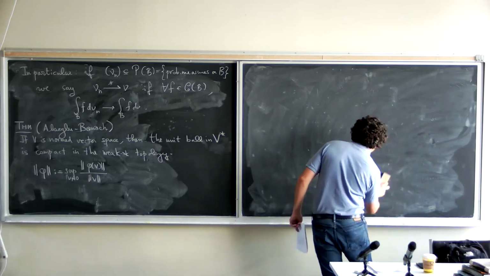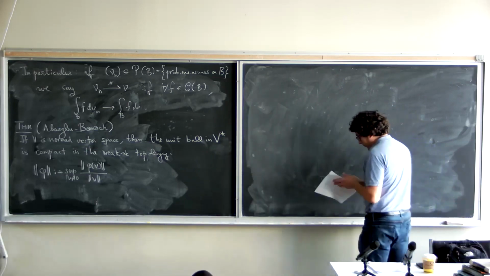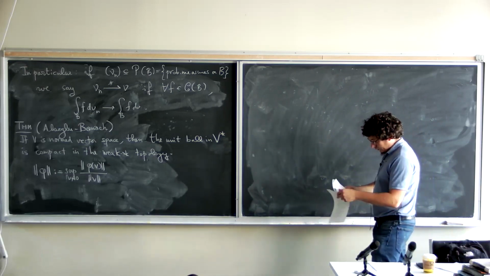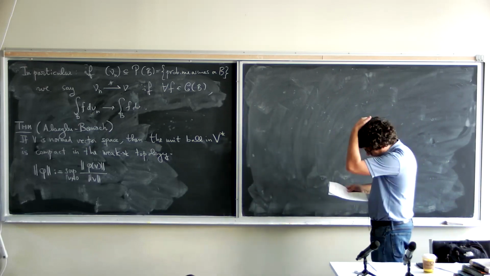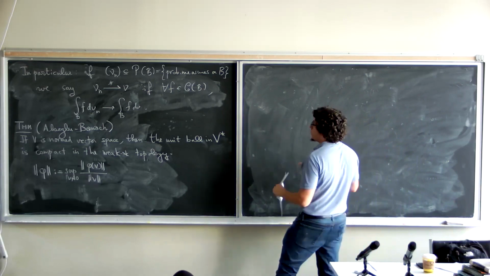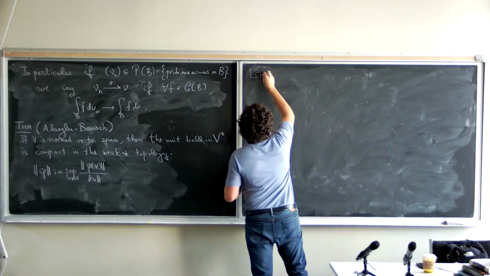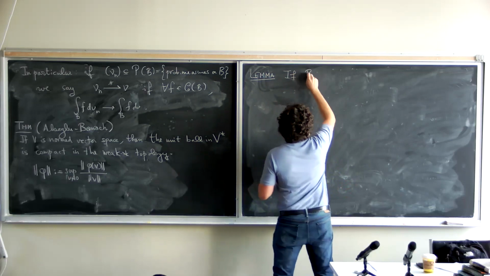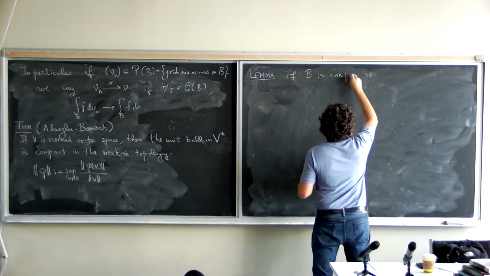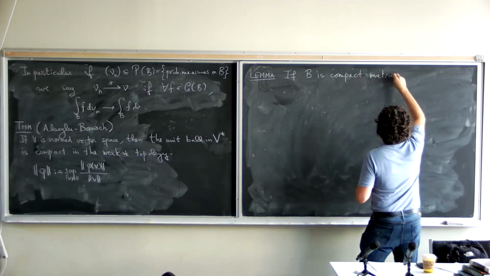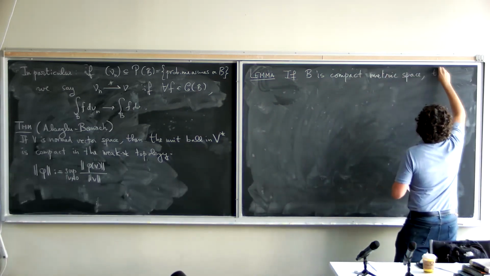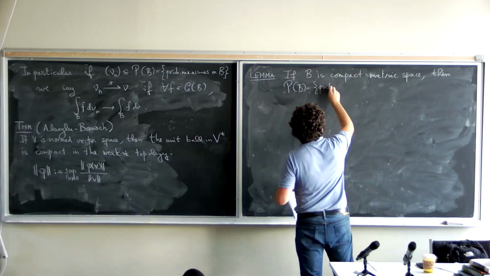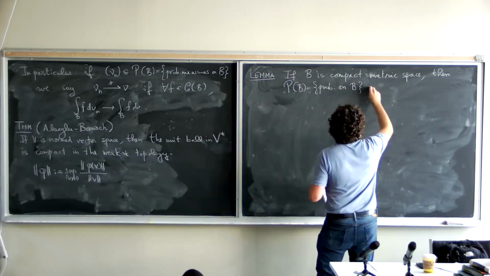So given that we can prove the existence of stationary measures, before that we need another lemma, which is very useful: if B is a compact metric space, then the space of probability measures, P of B, is also compact.